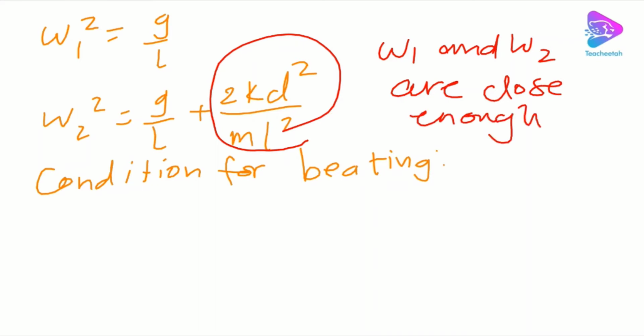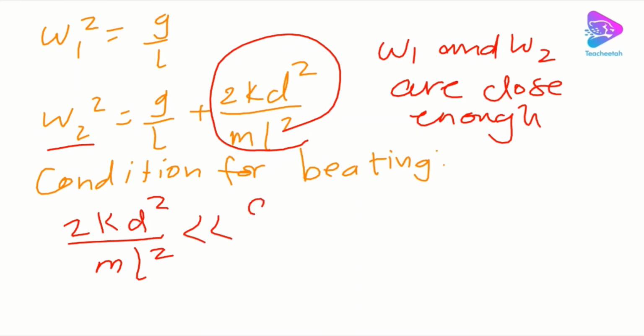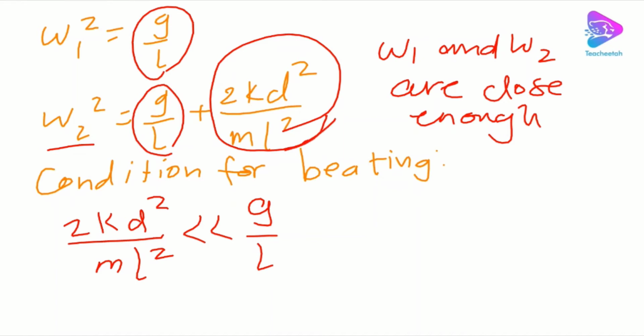Interesting. So when we compare, 2k d squared over m L squared must be much smaller than g over L, because g over L is here and there. When omega 1 and omega 2 want to be close to each other, this part should be small enough compared to g over L. So that's the condition that we need.